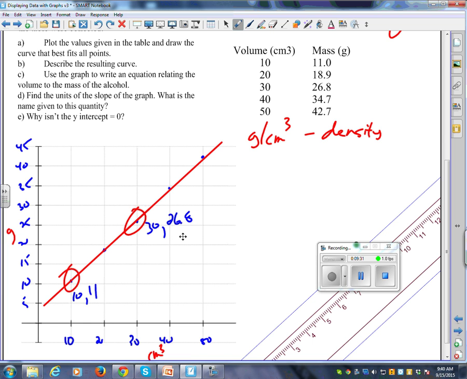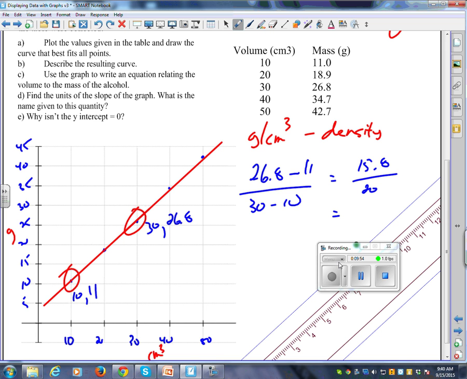The y2 is the one further to the right. So 26.8 minus 11. Subtract the x's: 30 minus 10. 26.8 minus 11 is going to be 15.8, all over 30 minus 10, or 20.